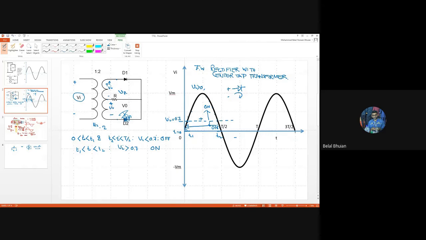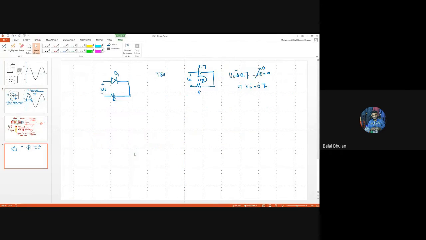So next thing would be to draw the input-output relationship. So let's draw the input-output relationships for both on and off.